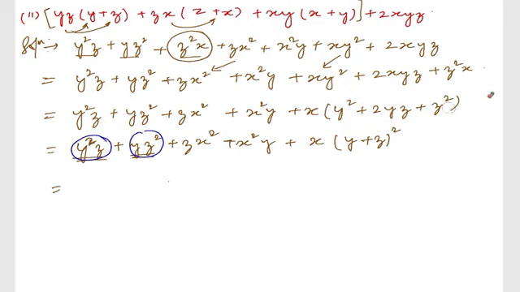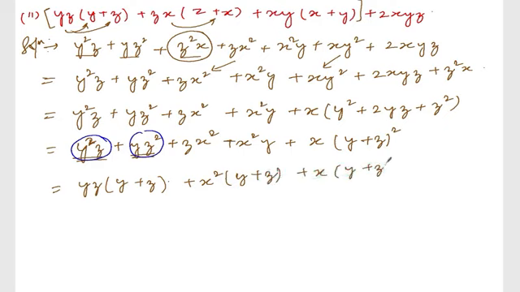Okay, yz taken out common, it is y plus z. From these two, if you take x square common, it will be y plus z, plus x times y plus z whole square. Now take y plus z common from everything.